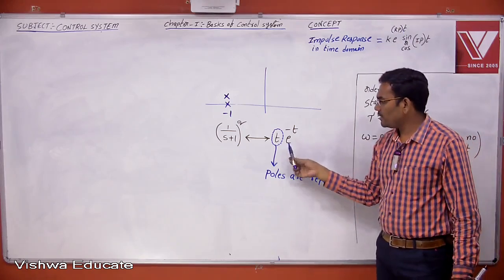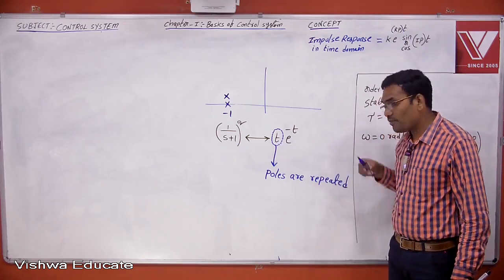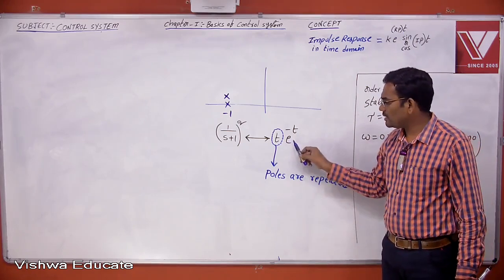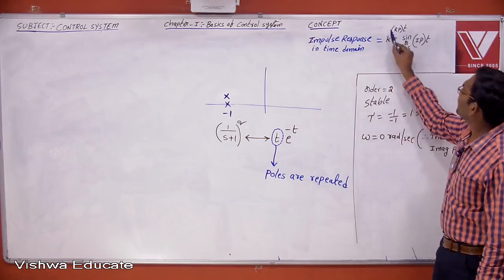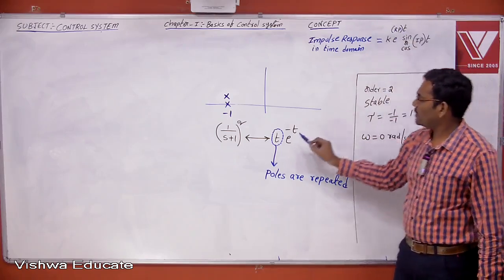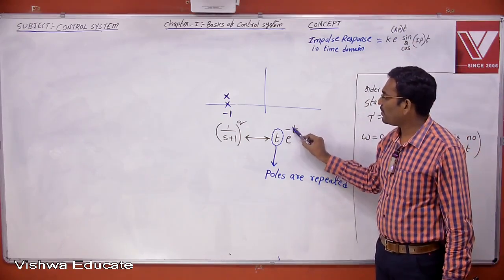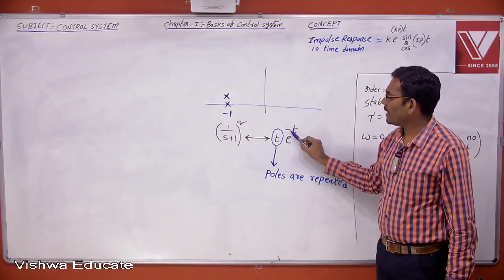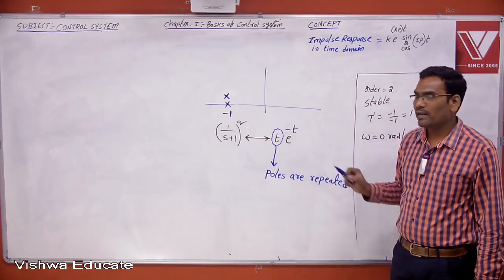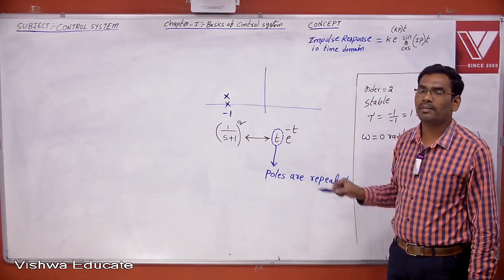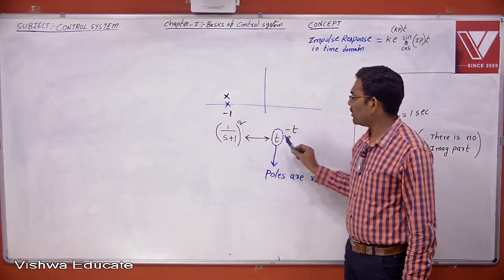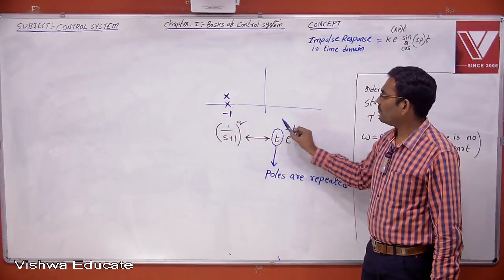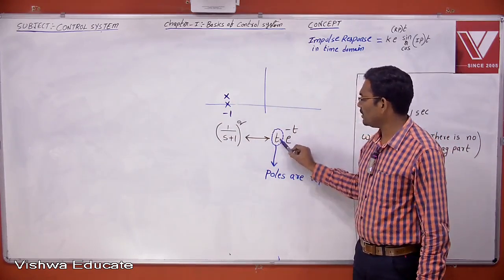T means repeated; where it is repeated, you see the second term, e power real part. How much is the real part? Minus 1. Whenever there is minus 1, remember that it means the negative real axis. Therefore, the pole is repeated at minus 1.